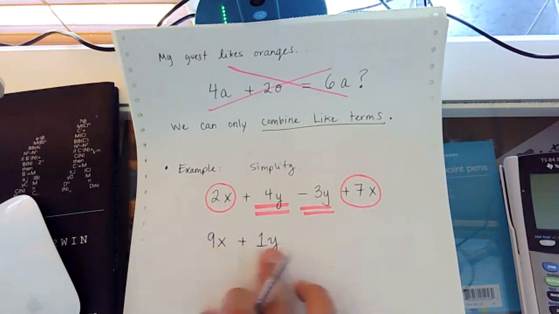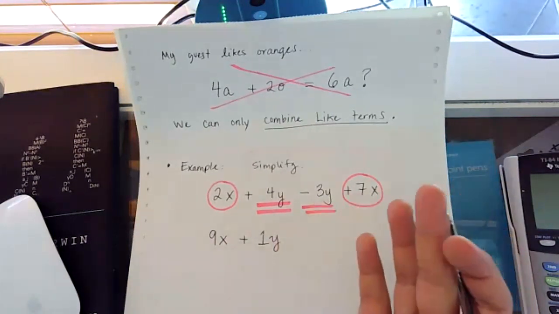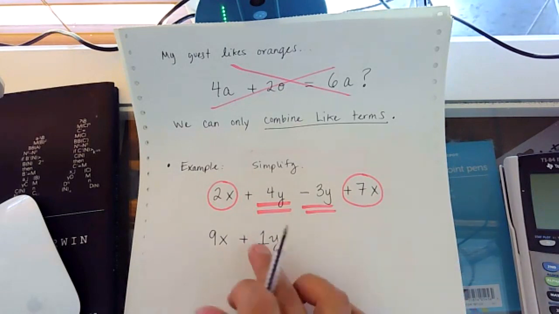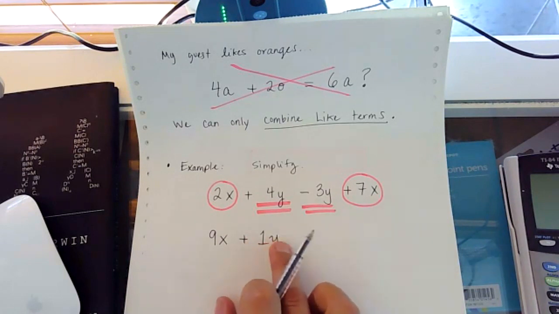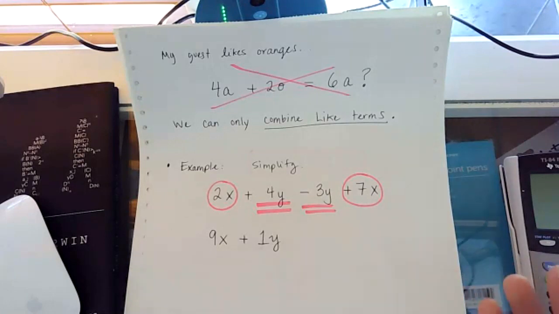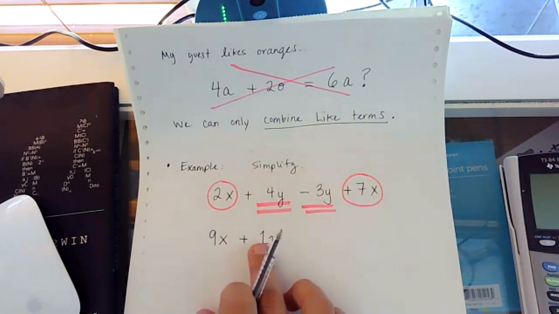Okay, but mathematicians are a little bit picky here. I said at the beginning of this that when we have a number next to a variable, that's implied multiplication. And we call this number the coefficient. The coefficient on the y is 1, which means this says 1 times y. What is 1 times any number? That number. It's whatever that number is, right? 1 times 25 is 25. 1 times negative 10 is negative 10. So the same is going to be true if we have a number like 1 times a variable.